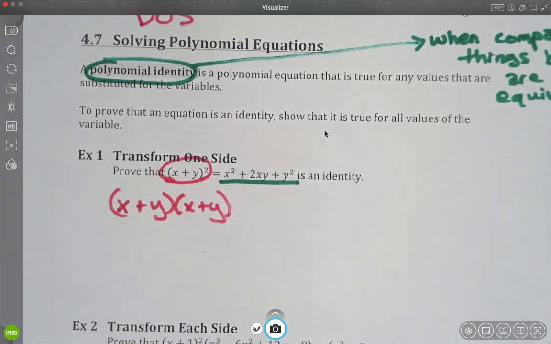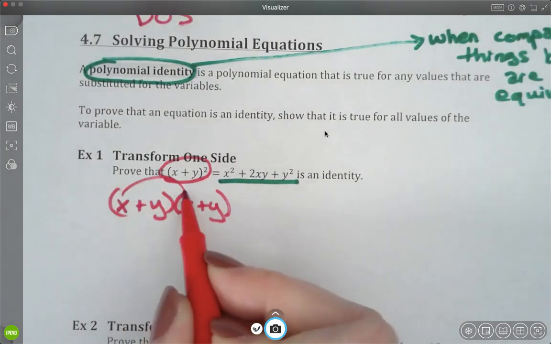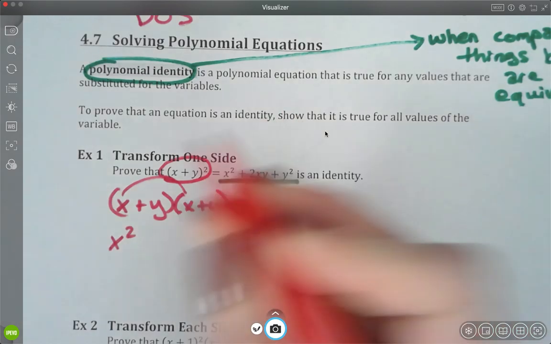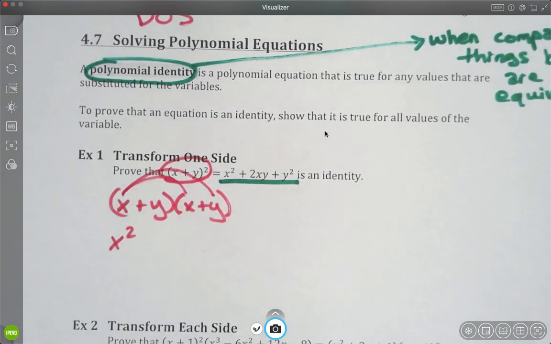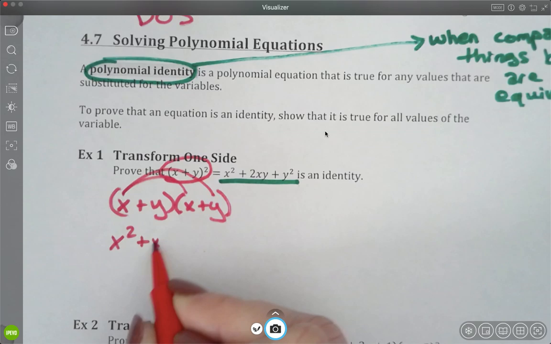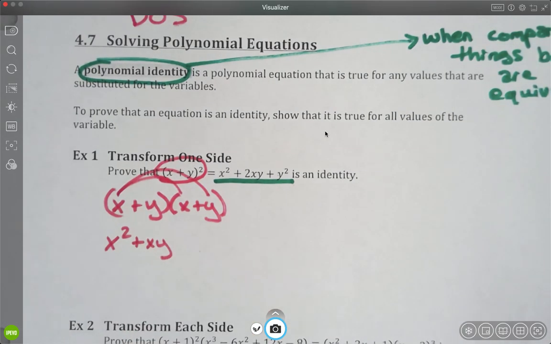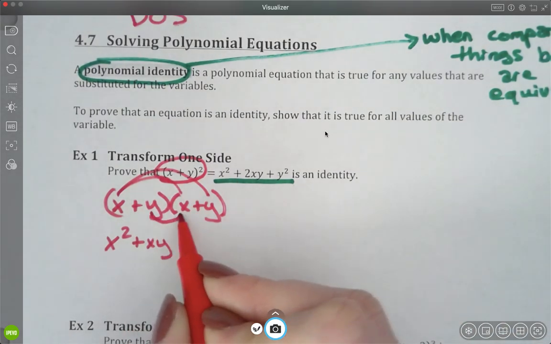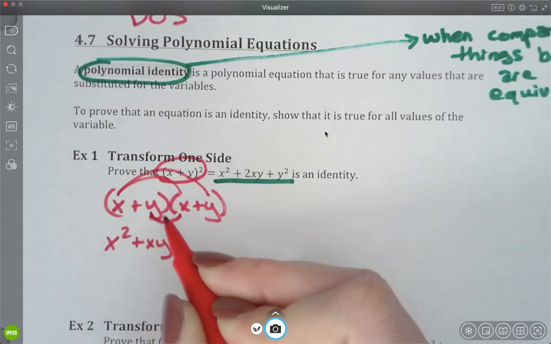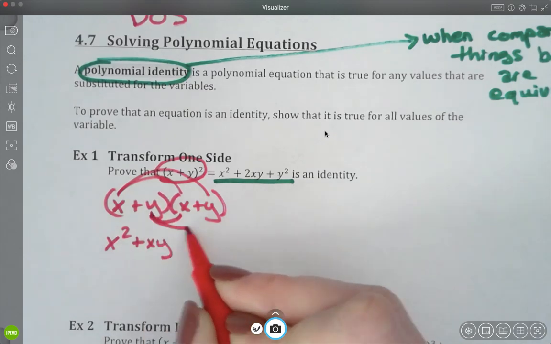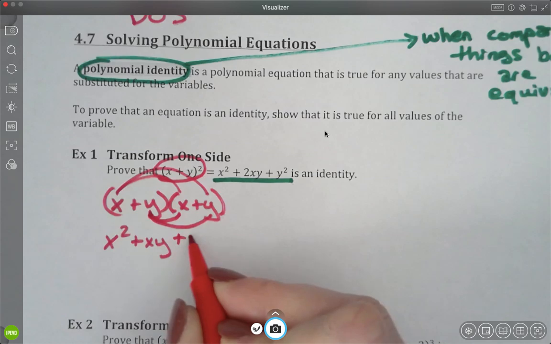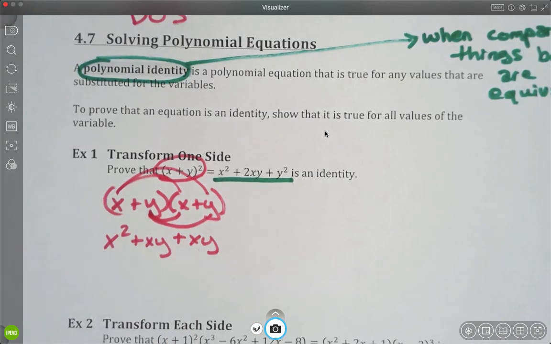So x times x, x squared. What about x times y? XY, you just write it as positive xy. Then the insides and the last pieces: y times x, xy. If you want to, you can flip those around. And then what's y times y? Y squared, okay?